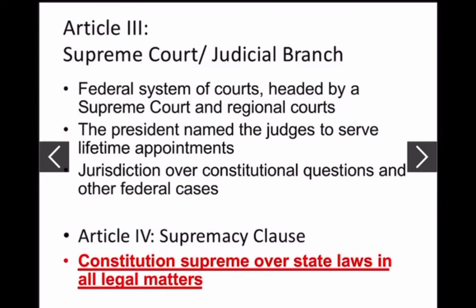So the U.S. Constitution is the law of the land, and the state constitutions basically have to fall in line with what's stipulated within. And if there's ever any kind of conflict between state laws and federal law, which is the U.S. Constitution, then the U.S. Constitution reigns supreme. Pretty simple. But it can get a little bit controversial and complicated, especially with modern day issues.